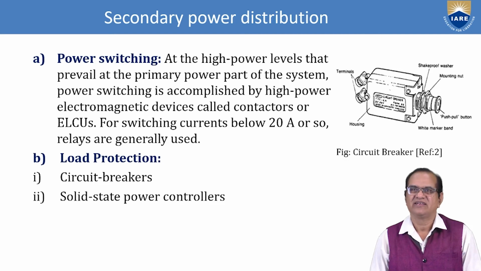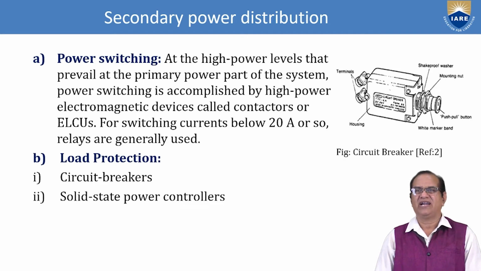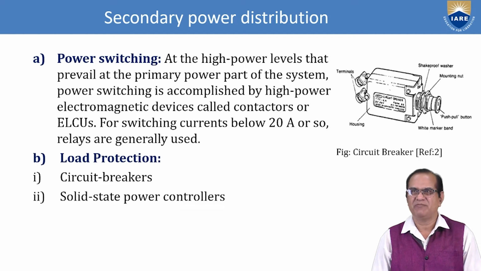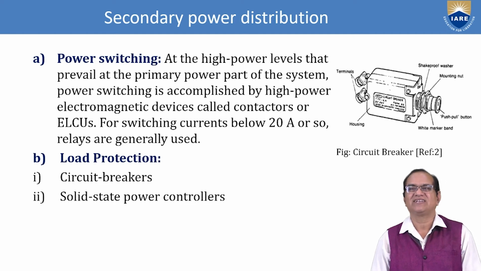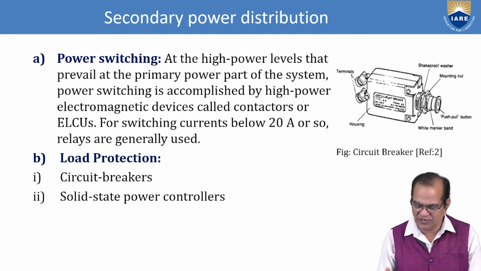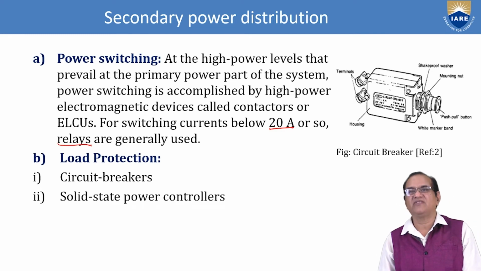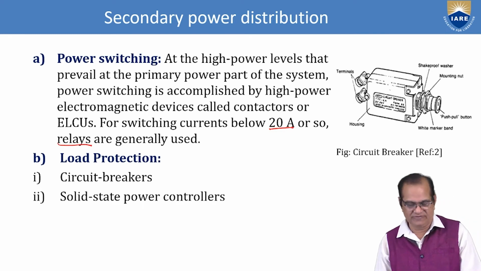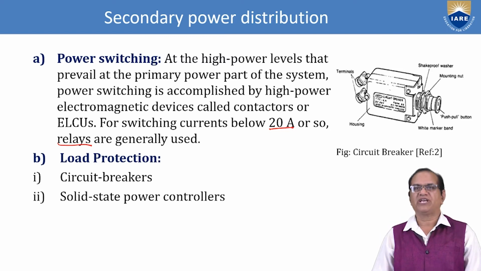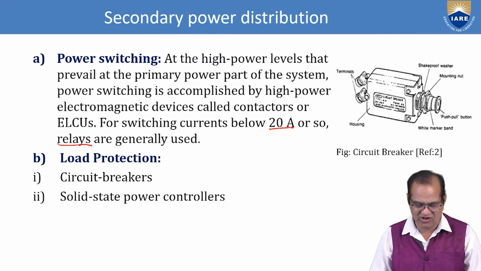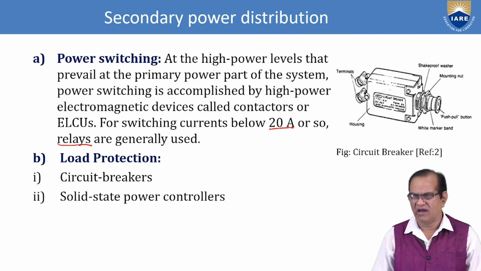For switching current below 20 amperes or so, relays are generally used. So if it is less than 20, we use the relays, and if it is high, then we need the circuit breakers. For load protection, we have the circuit breakers and solid state power controllers.